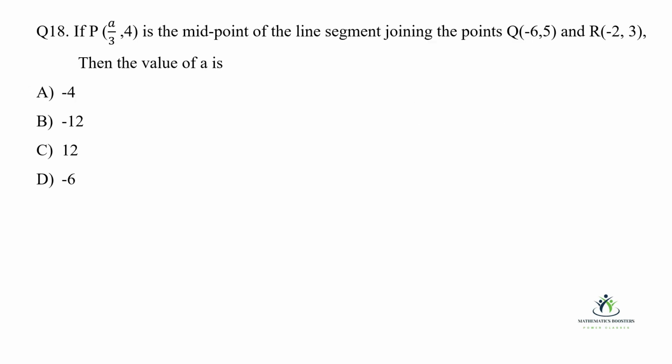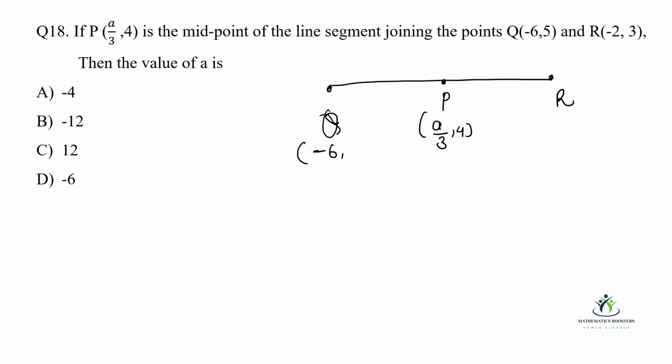Next, if P (A by 3, 4), represent with the help of diagram. P is the midpoint, value is (A by 3, 4), line segment joining Q and R. Q is (-6, 5), R is (-2, 3). Find the value of A. So this is X coordinate.